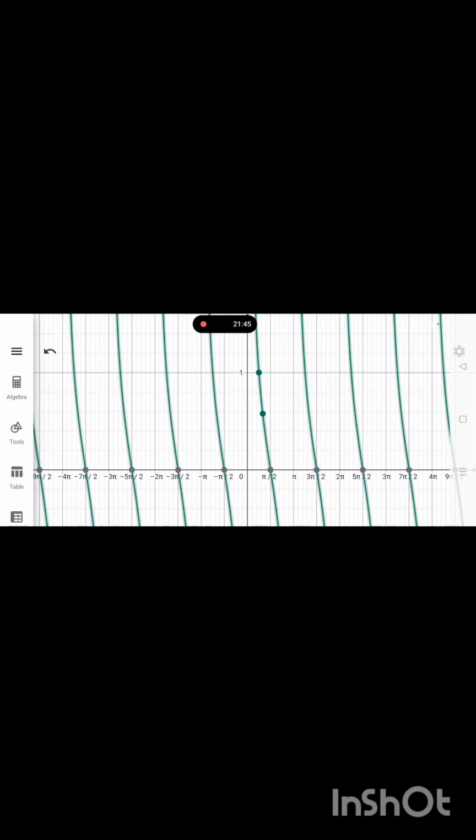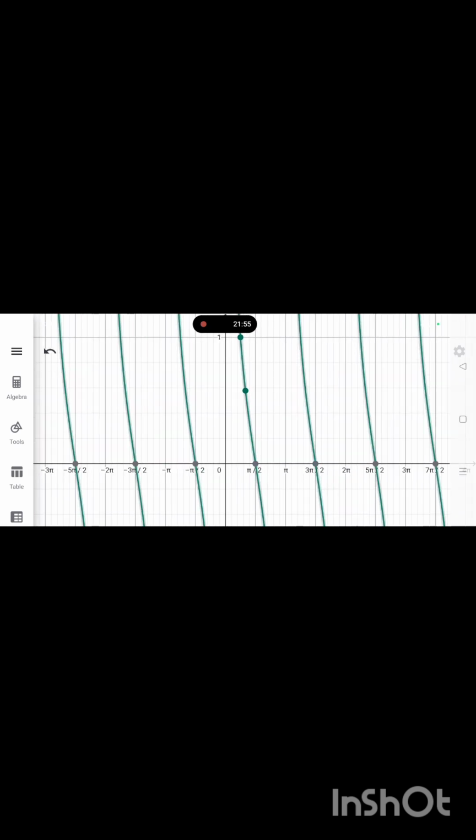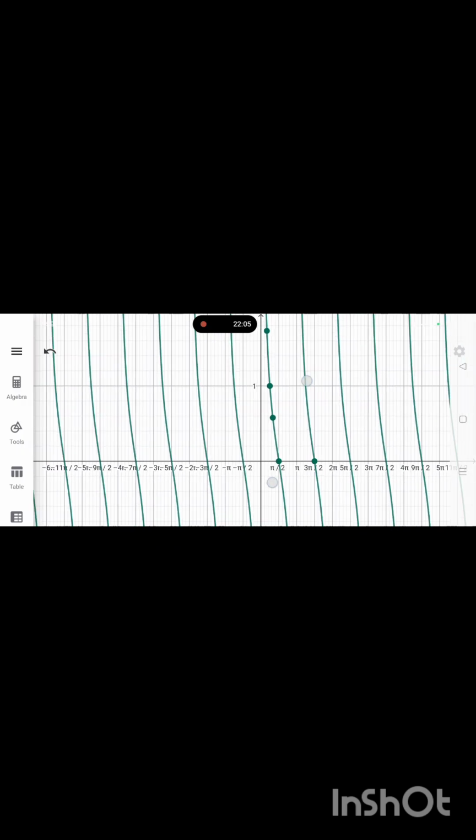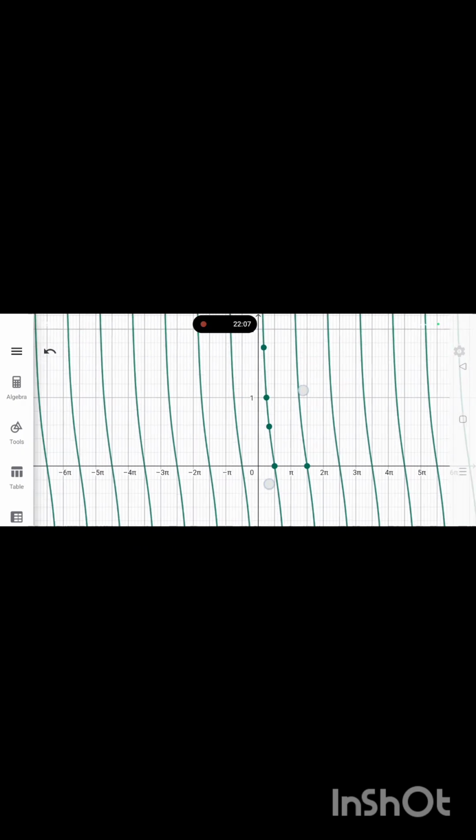For cot, you can give any inputs, but except even multiples of pi. See, the wave is not present at 0, pi, 2 pi, 3 pi. And output is any real numbers except minus infinity and infinity, in between minus infinity to infinity. This is the cot wave.